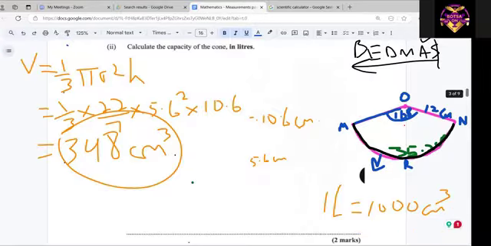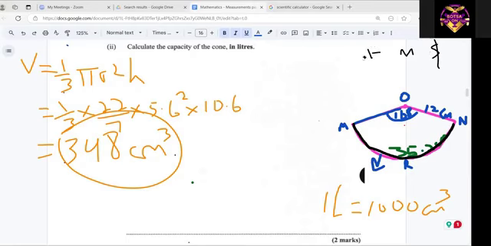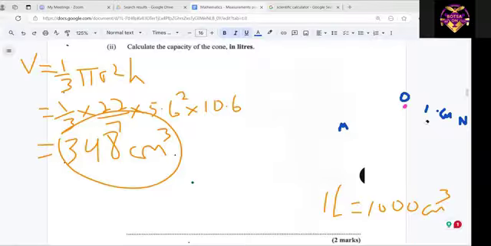So what I would do, I know I will have to divide, but how do I know I need to divide? Let me just take off some of these things so I can get some space. How do I know that we have to divide this to convert it to liters?